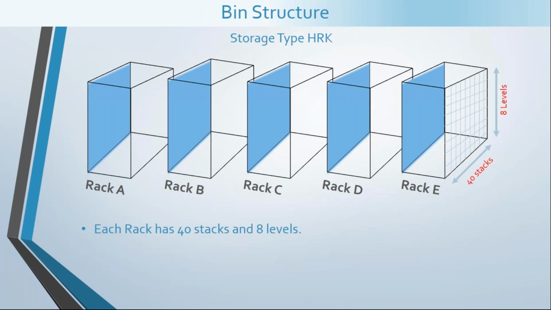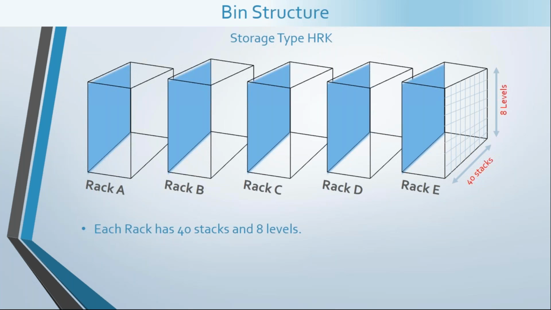We start with the same example of warehouse W20, and we will be talking about the storage type HRK, which we created in the previous tutorial. We have been saying that this storage type HRK uses high racks to store the finished goods. But let's say in reality, these high racks are spread across 5 physical racks.